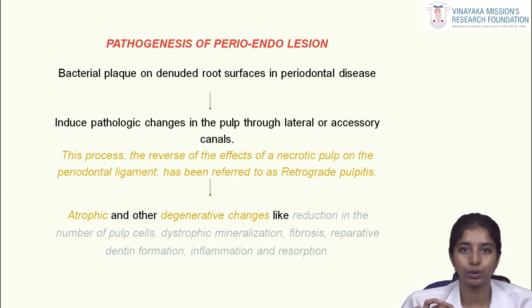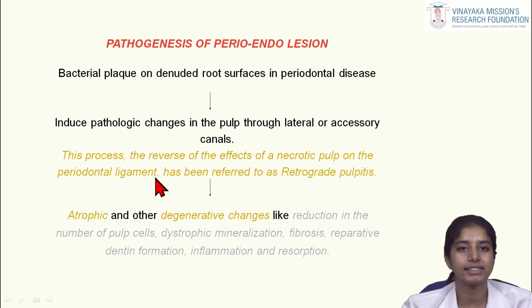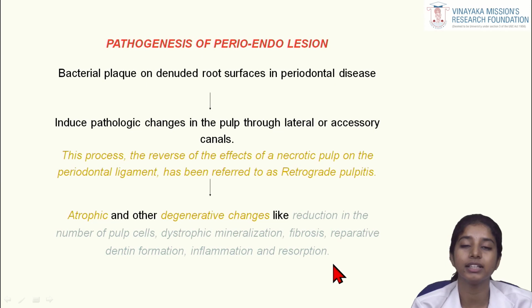This process is known as retrograde pulpitis, which is the reverse of the effects of a necrotic pulp on the periodontal ligament, and as a result the pulp may undergo atrophic changes and also other degenerative changes like reduction in the number of pulp cells, dystrophic mineralization, fibrosis, reparative dentin formation, inflammation, and finally resorption.